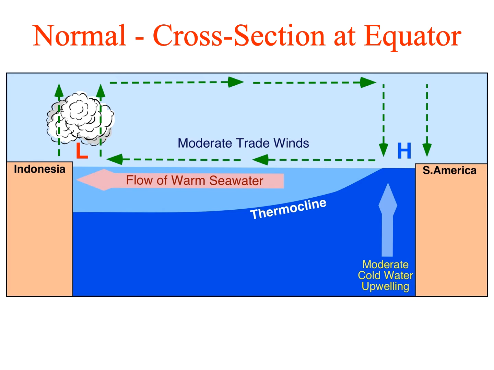This creates moderate trade winds that blow from South America to Indonesia. These winds cause a flow of warm seawater from off the coast of South America to Indonesia, and they bring up moderate cold water upwelling because of the Ekman spiral, Ekman transport along the coast of Peru.